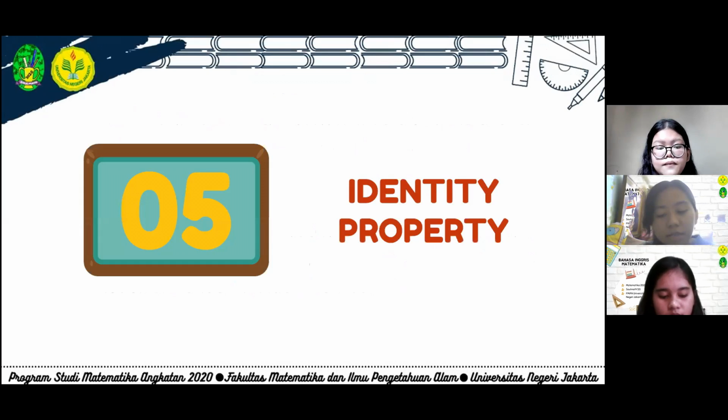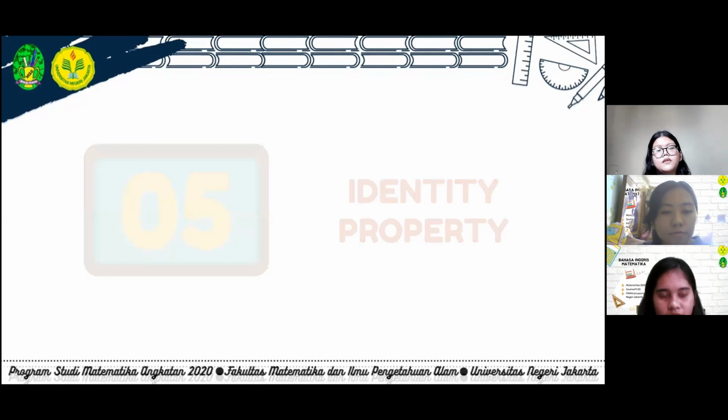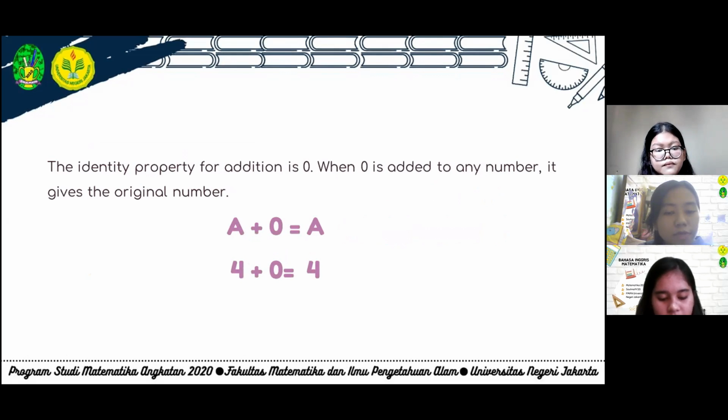Fifth, there is the identity property. The identity property for addition is 0. When 0 is added to any number, it gives the original number. For example, A is added to 0, then the sum is A. 4 is added to 0 and the sum is 4.